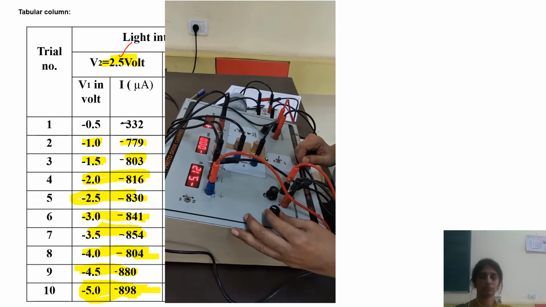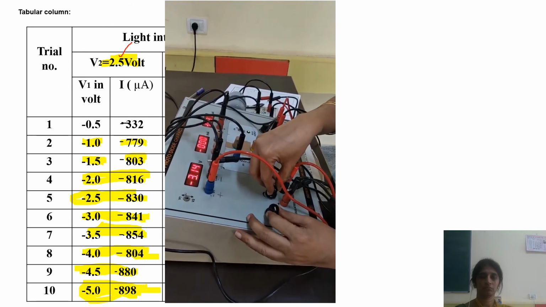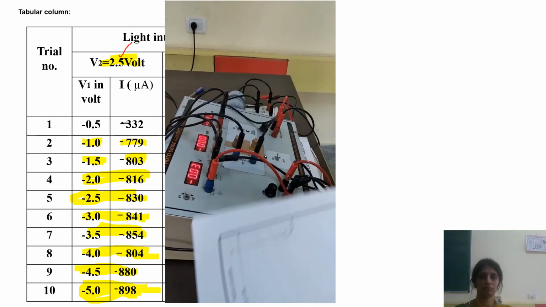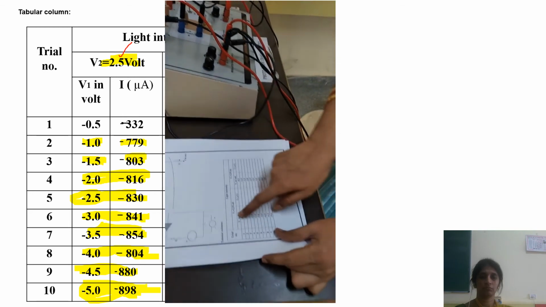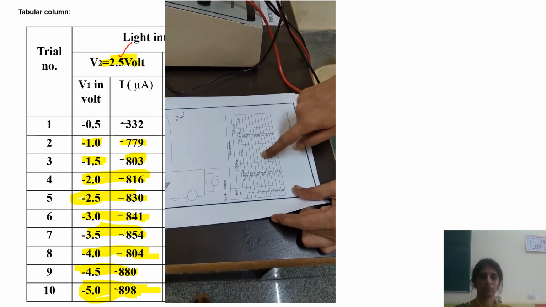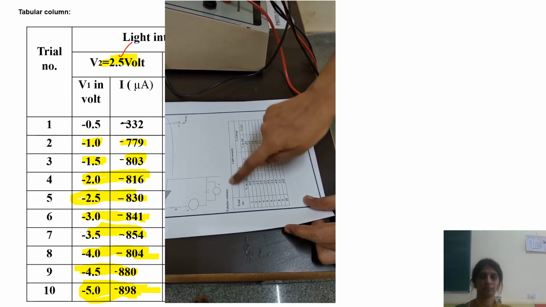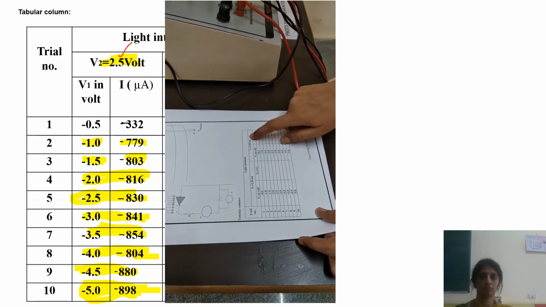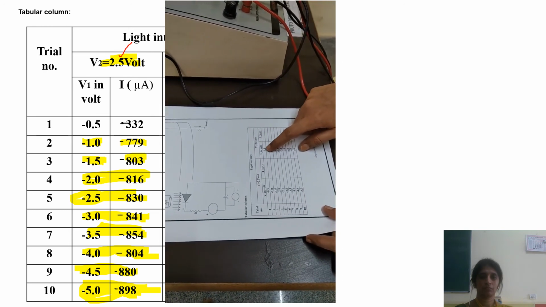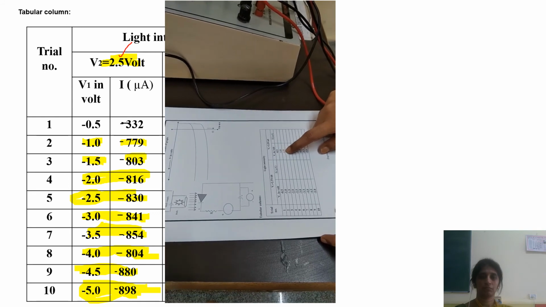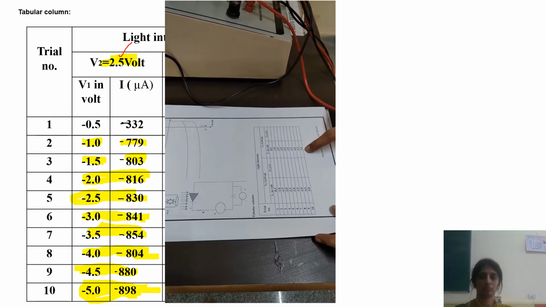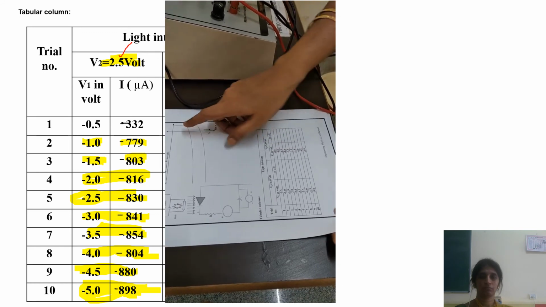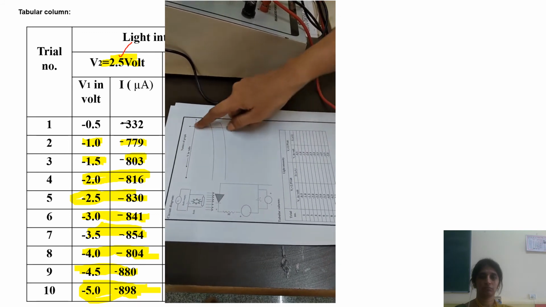Vary the voltages from 0.5 to 5 volt. Those readings must be tabulated here. As the voltage increases, the current must be tabulated. The entire set of the experiment must be repeated for V2 equal to 3.5 and vary V1 in 0.5 steps, 0.5, 1, 1.5, up to 5 volt. Note down the corresponding current and plot the graph of voltage versus current.